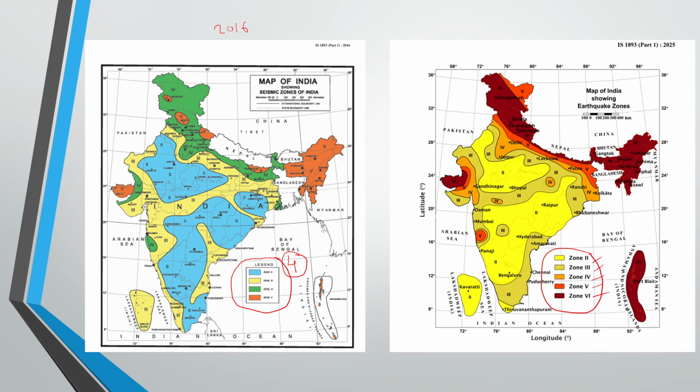Okay, and some of the key features of the revised seismic zone map are like seismic zone 6, which is a high risk. Here you can see the highest risk. You can see this belt here, so this region.